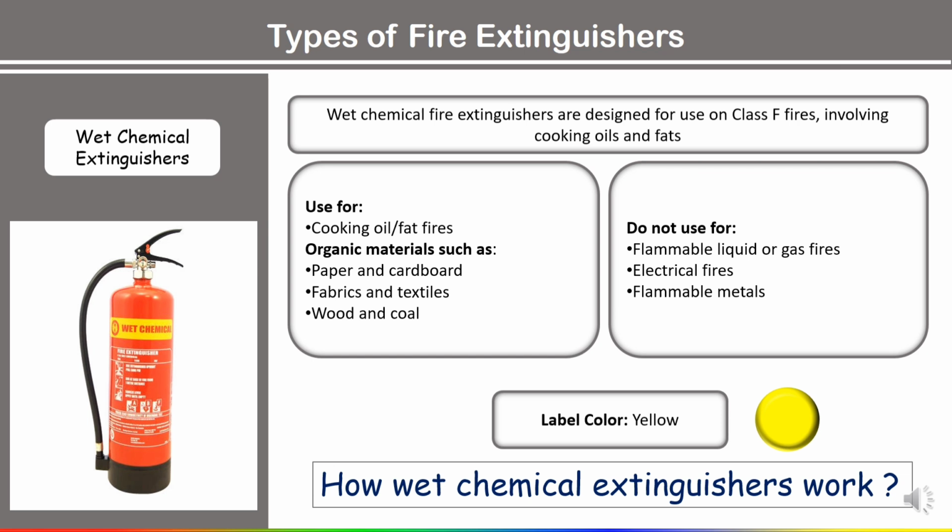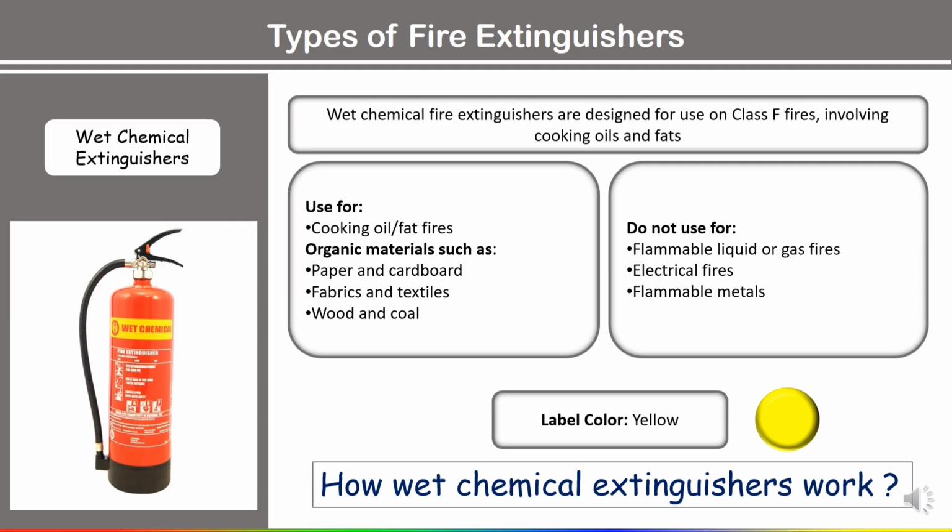The extinguisher is typically pressurized with nitrogen or another gas which forces the chemical out when activated. The wet chemical agent is discharged as a fine spray that covers the burning material. It is usually a potassium based solution that is highly effective for handling oil and fats in cooking equipment.